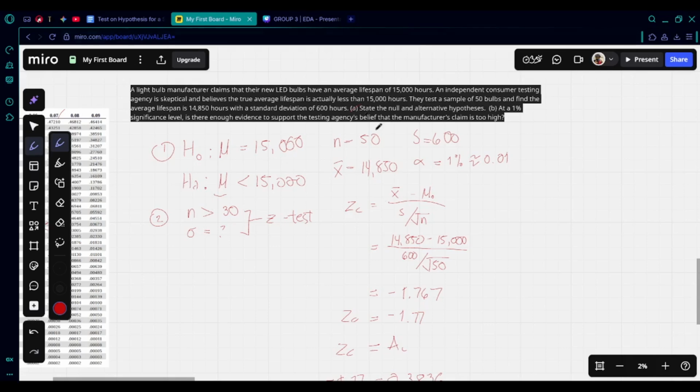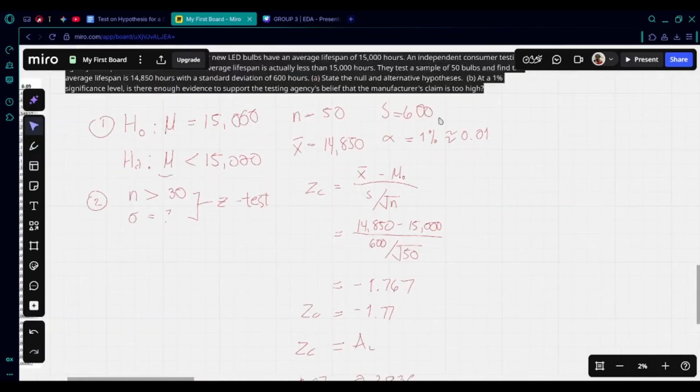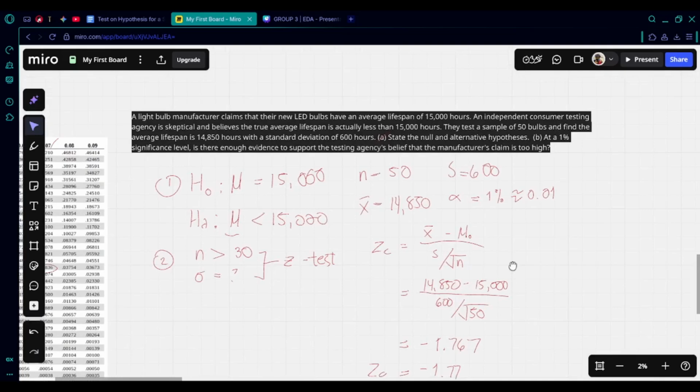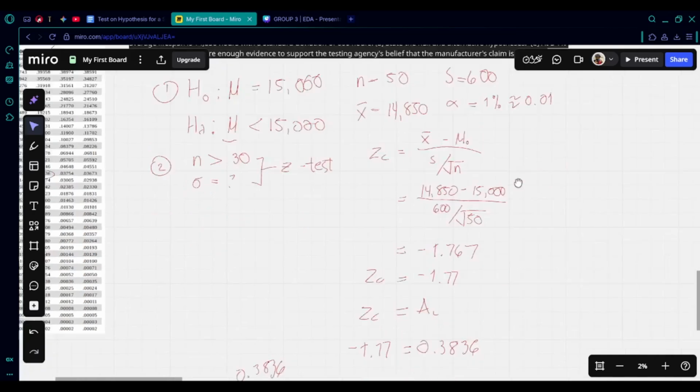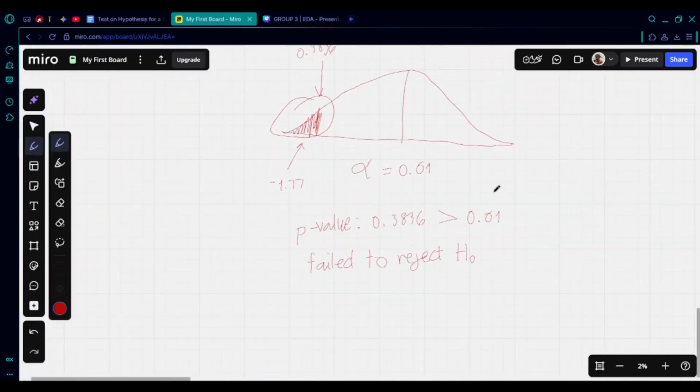Since we got a P value which is greater than our alpha level at 0.01, we accept our null hypothesis. So we accept that the average lifespan of the LED bulbs is 15,000 hours. In these steps we got the P value.